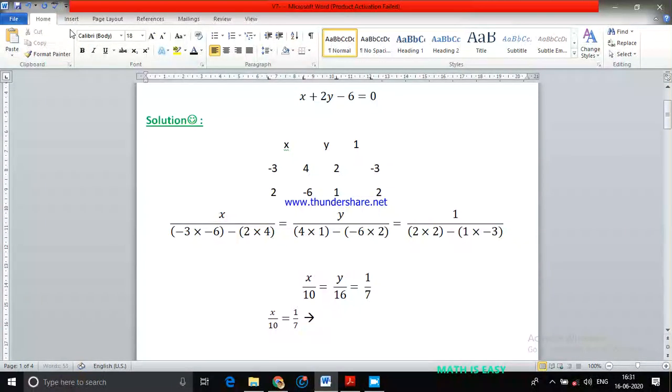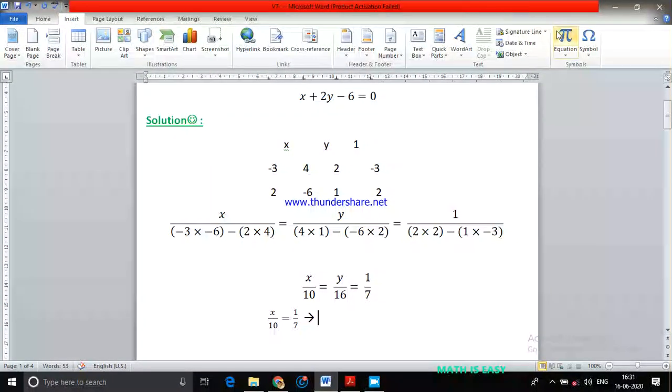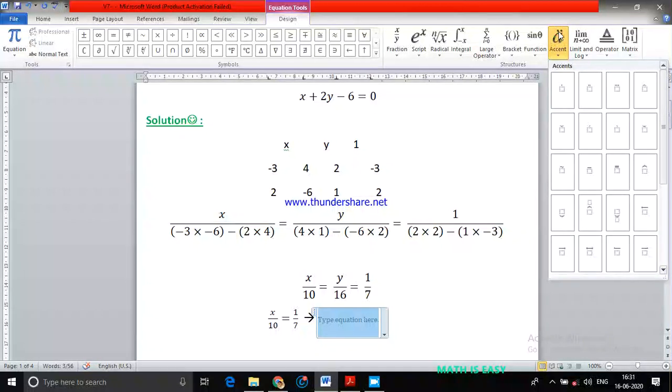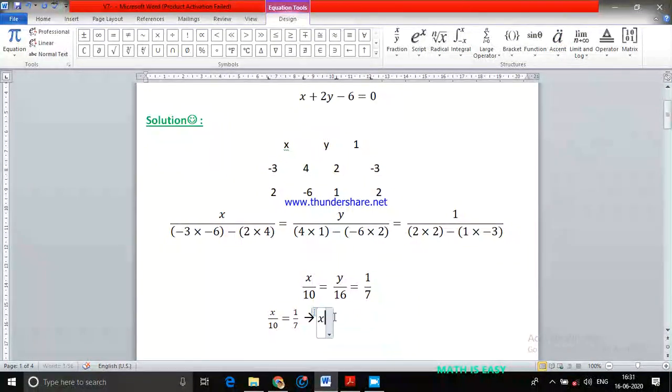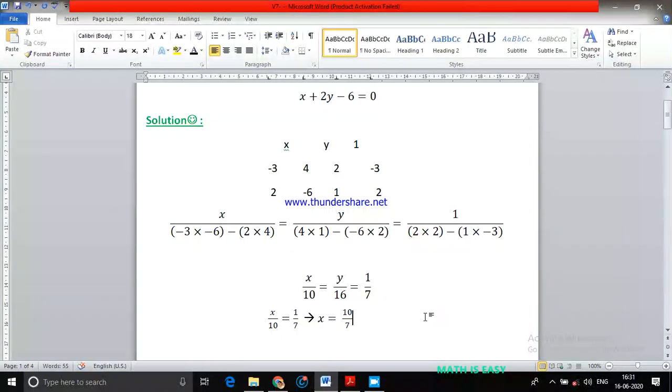X value. Can I say x value will be 10 by 7? So x will be equal to 10 upon 7, because this denominator 10 here will go to the numerator this side. If I transpose, 10 into 1 will be 10, so 10 upon 7.